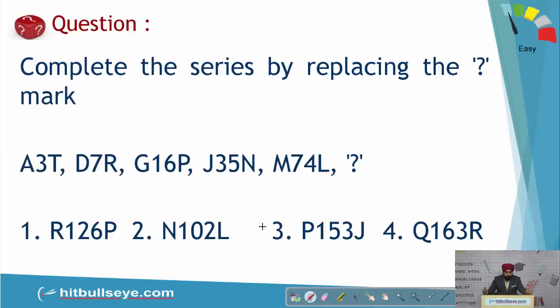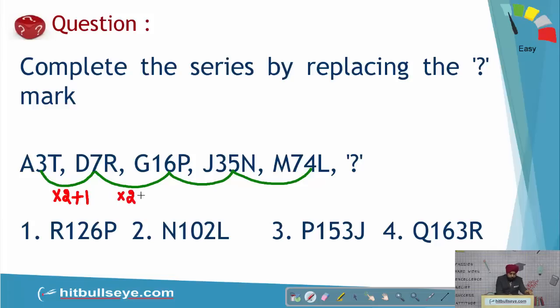Now this question again is a series question. Try and see the numerical values again. The numerical values are different in all four options. From 3 to 7, it is double plus 1. Then 7 into 2 is 14 plus 2.